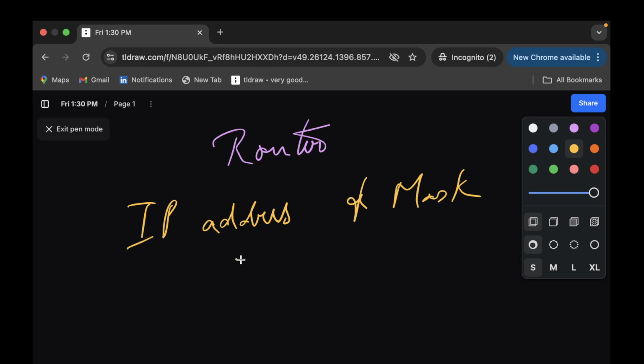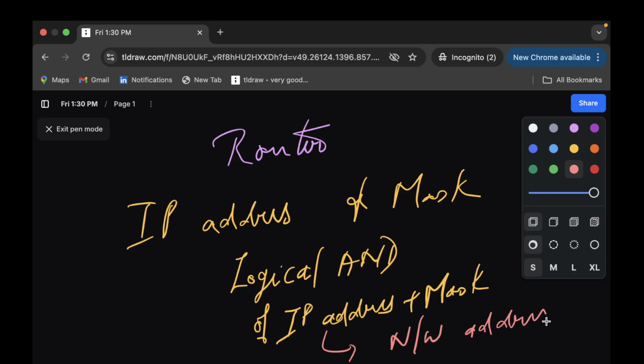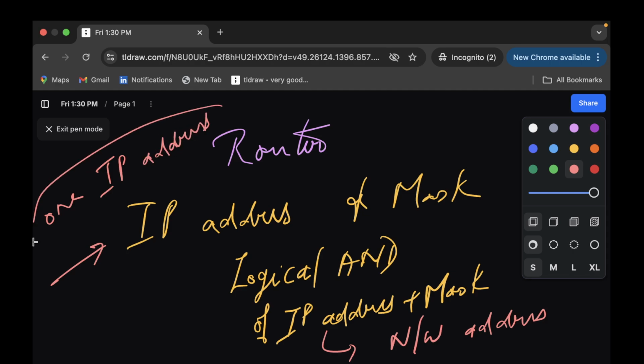When we perform a logical AND of IP address and mask, we get the network address. The reason is that we can only send one IP address; we can't send the network IP address also in the IP header.